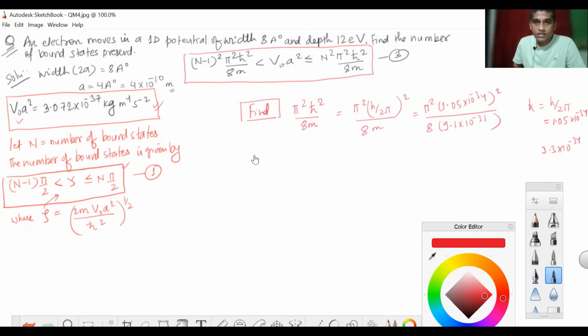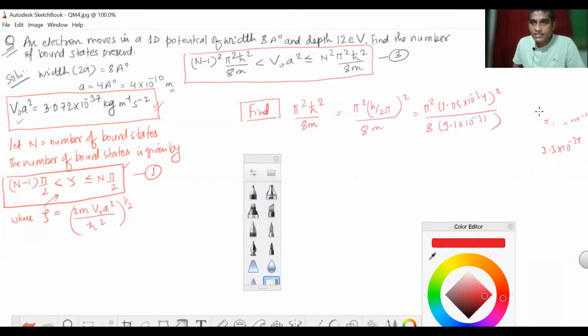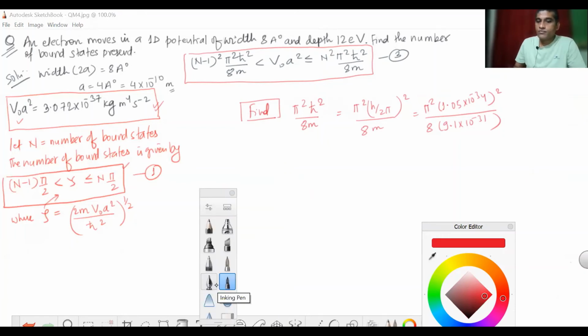Okay, so we are finding in SI system, so we must note this. Now let us find its value. So we have h bar equals h by twice pi, and this is in joule second. The unit is joule second, so we must note this also, okay.